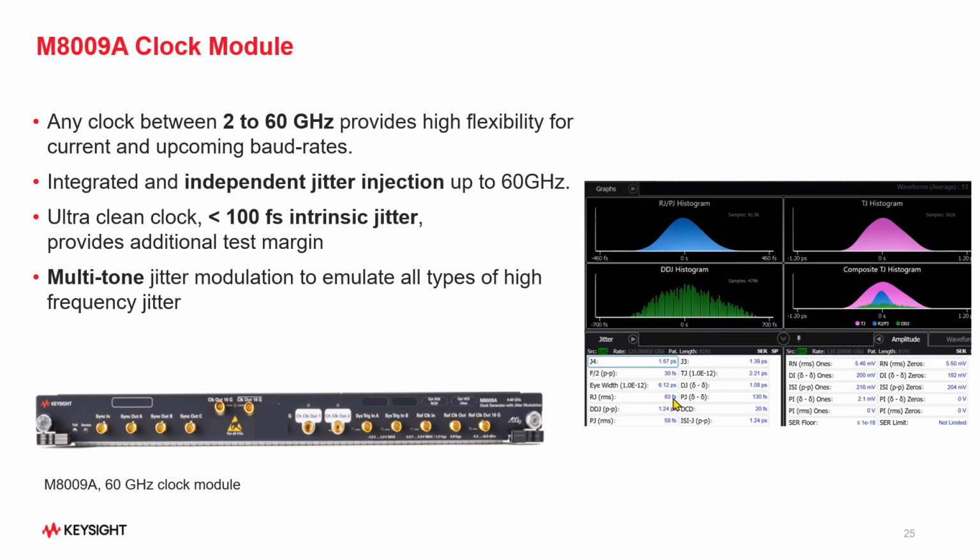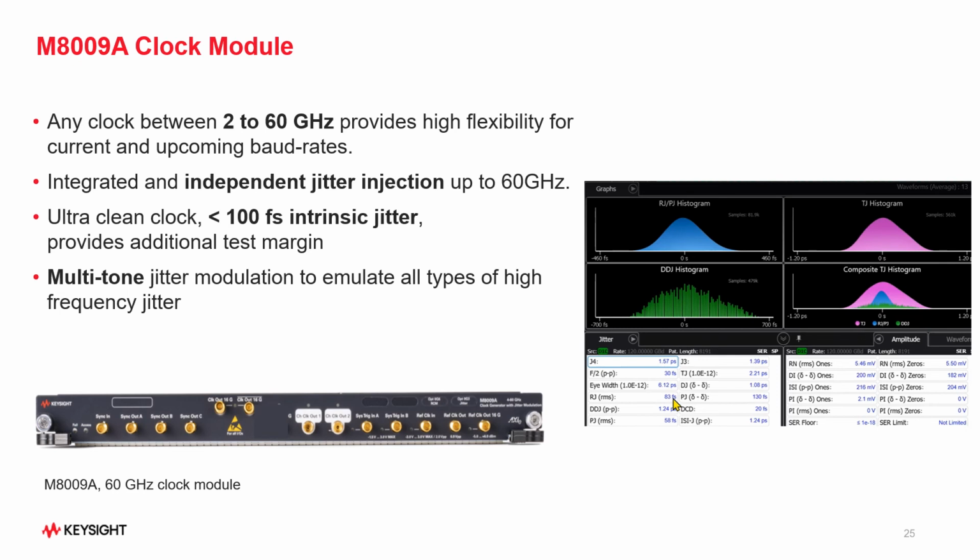Now let's have a deeper look into the details of the clock module. Each pattern generator requires a clock module for operation. The clock module can provide 2 to 60 gigahertz clock, as you can see from the slide here, to create the 4 to 120 gigabaud at the pattern generator output.